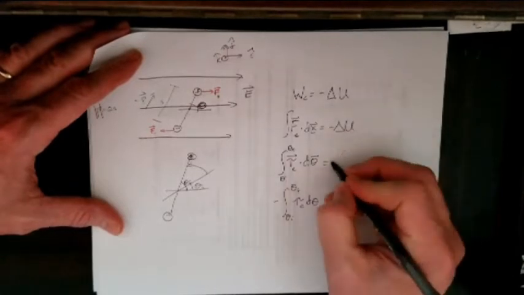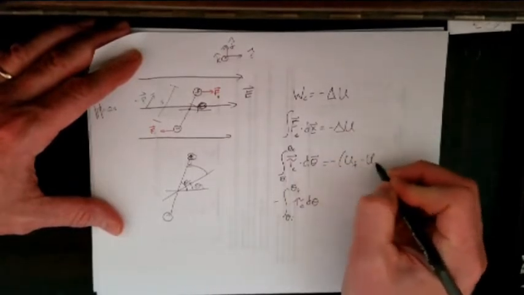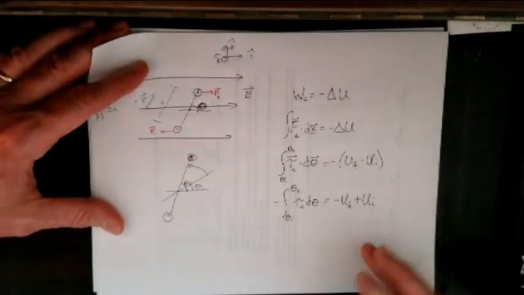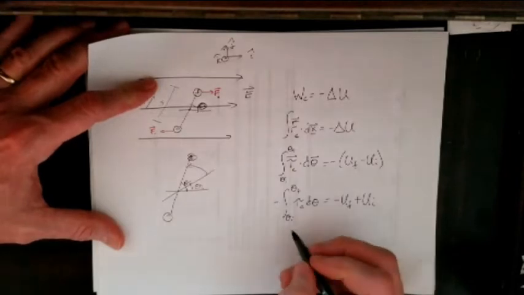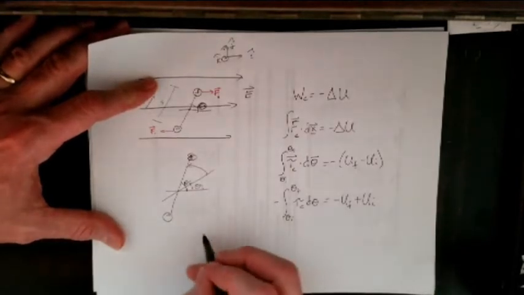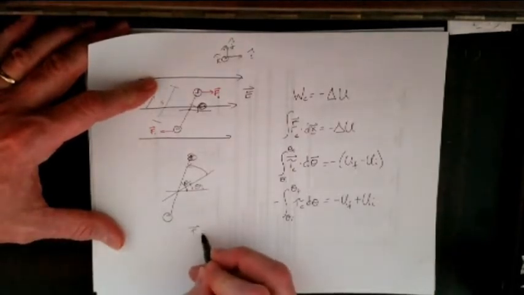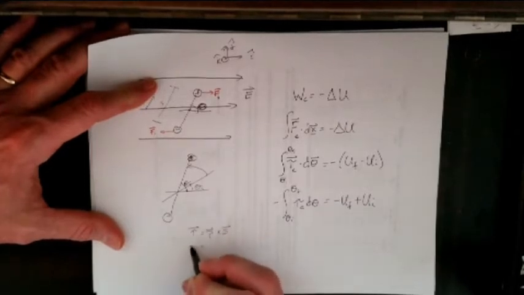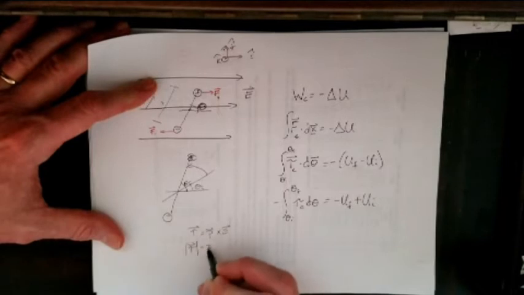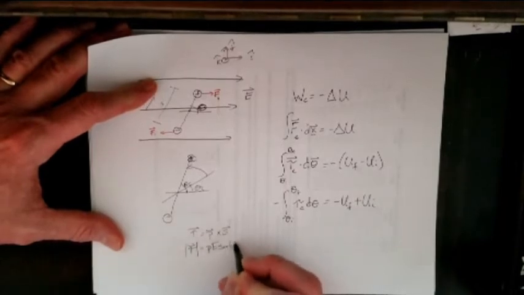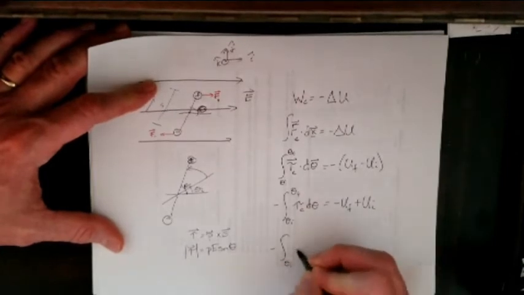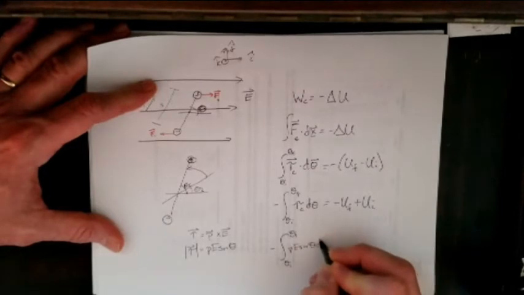And that's equal to the negative of U final minus U initial, or negative U final plus U initial. Now torque, from a previous video, is in this situation P cross E, so the magnitude of the torque is PE times the sine of theta. And so this is equal to negative the integral from theta initial to theta final of PE sine theta d theta.